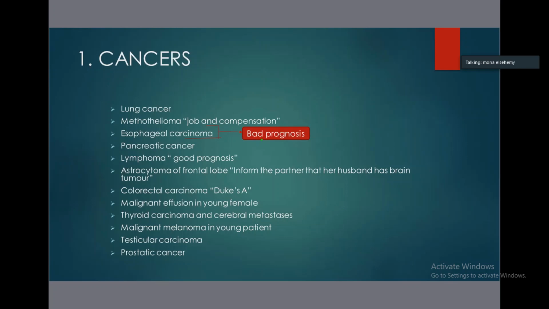Astrocytoma of the frontal lobe is another type of cancer that comes in the exam frequently. A wife of a husband who has astrocytoma of the frontal lobe. The issue is not in the astrocytoma itself, but in it being in the frontal lobe. So it affects the patient's behavior.